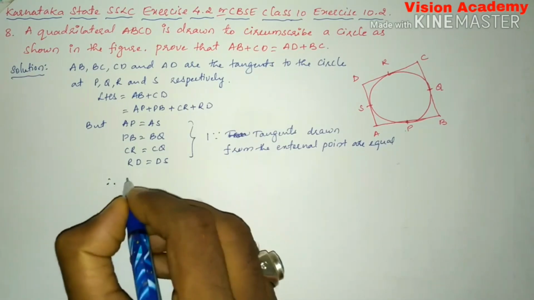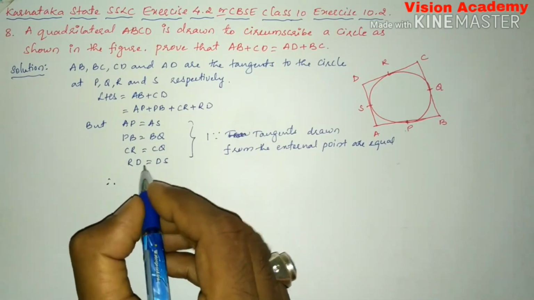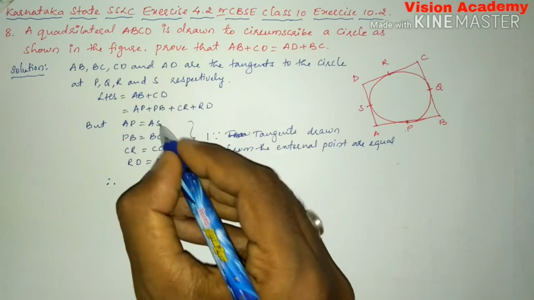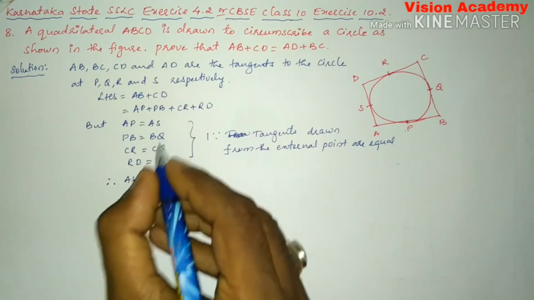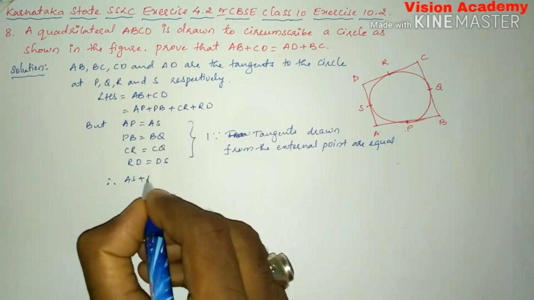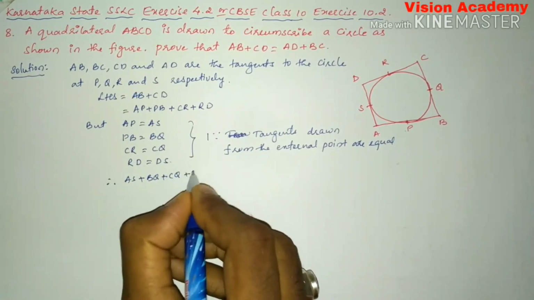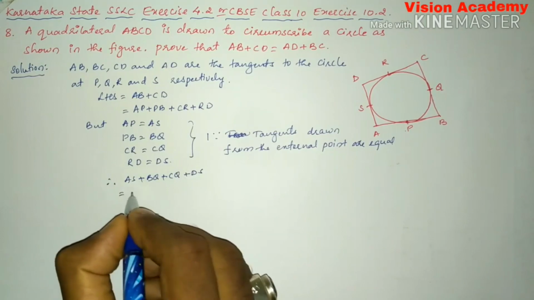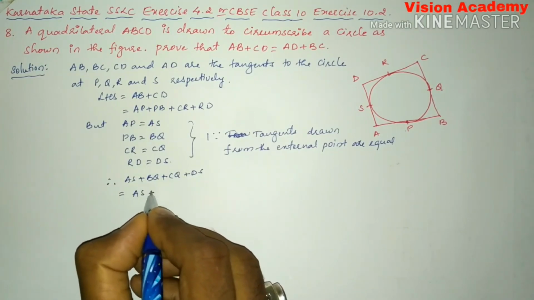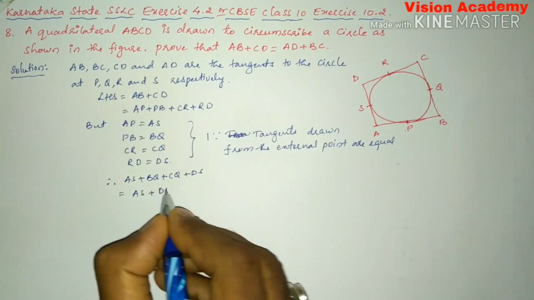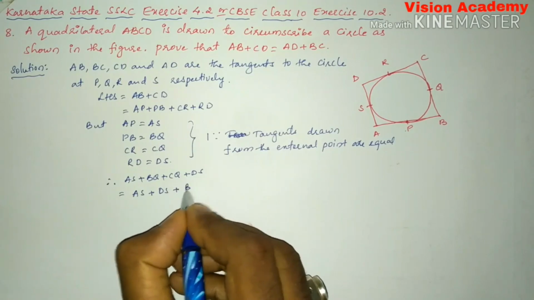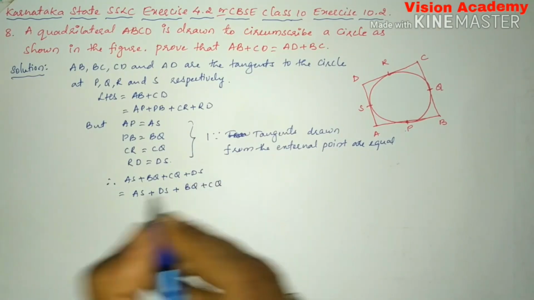Therefore, we will take the LHS. We can consider AS plus BQ plus CQ plus DS. Rearrange the terms: AS plus DS plus BQ plus CQ.